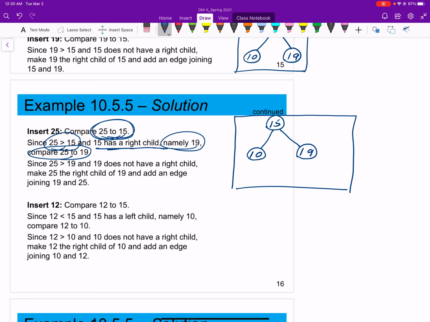Since 25 is greater than 19 and 19 does not have the right child, make 25 the right child of 19. All right. So now we make 25 the right child of 19.